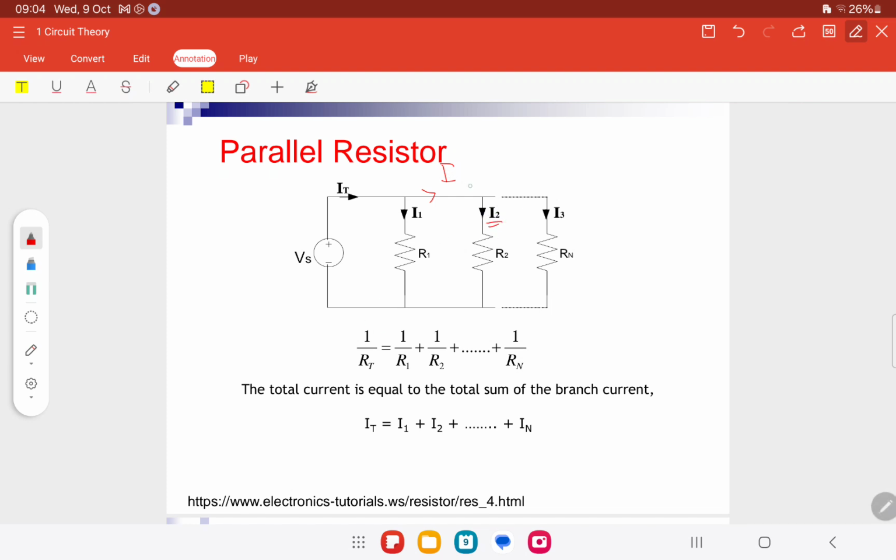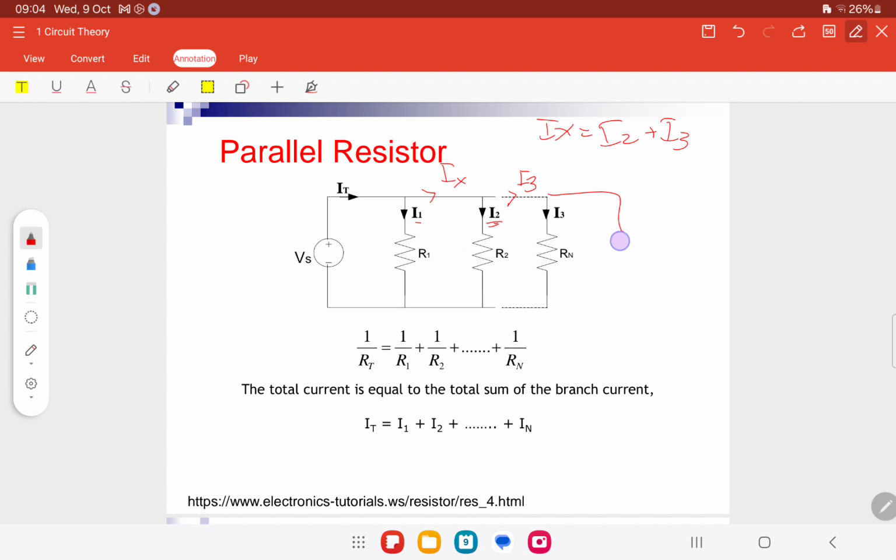Kita mungkin boleh letak I apa? IX ke? Which is IX equals to I2 plus I3. Okay. So dia akan pergi sini I1, here is I2. Lepas tu sini is I apa ni? I3. Sebab dia tak ada bahagi dah.